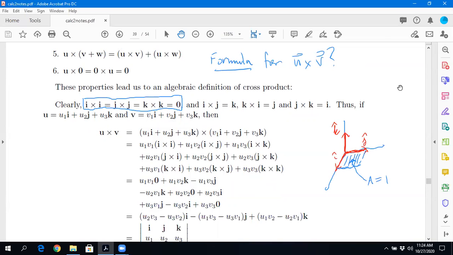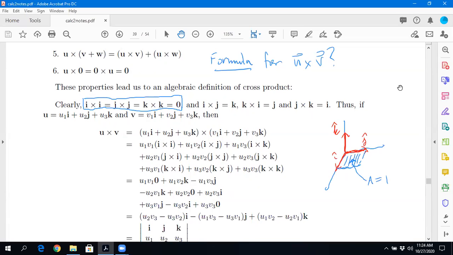And if I do I cross J, think about it. Which direction is I cross J going to point? You put your arm in the direction of I, which is coming out of the board towards us, if I'm looking at it the way that you are. And then you rotate your right arm so that your fingers curl towards J. Which way does your thumb point?